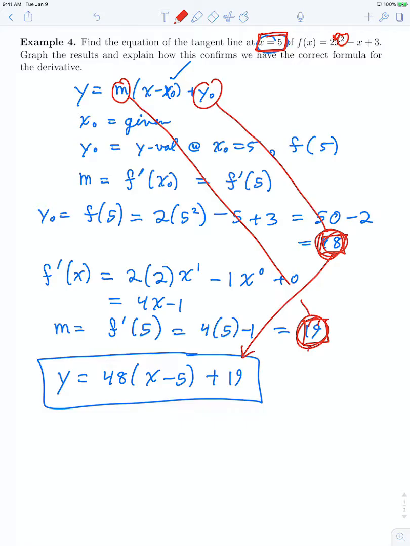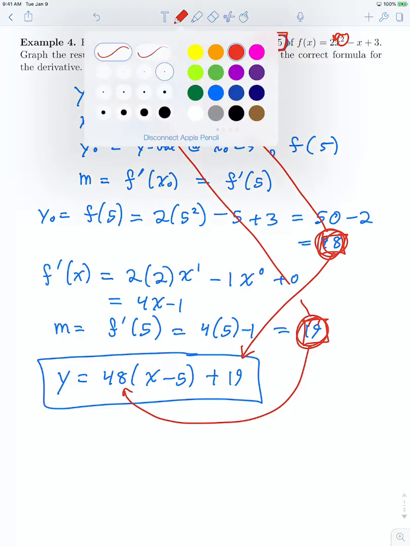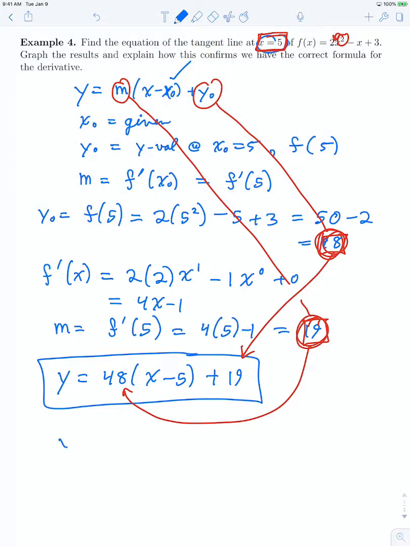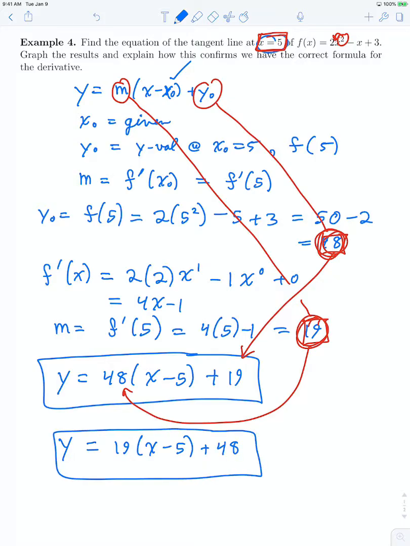Where is that supposed to go? That's supposed to be the number in front of the x's and stuff. Okay, well, easy come, easy go. So let me rewrite this. y equals 19(x minus 5) plus 48. So that's the graph that I will look at in Desmos.